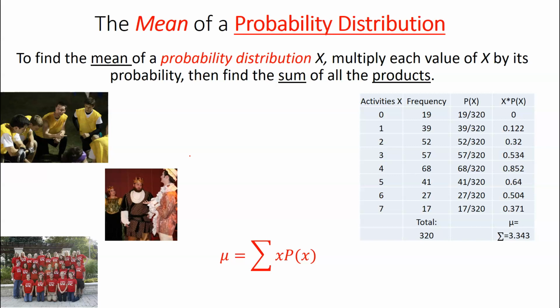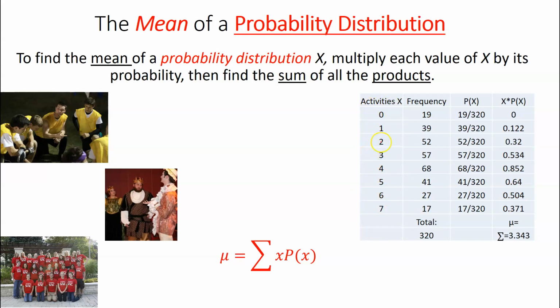Let me give you an example of finding the mean or the expected value of a probability distribution. To find the mean, again, we're going to take the random variable times its probability, and when we're done, we're going to add them all up. What we're looking at here is college activities. You can be in athletics, acting, some other sort of clubs, and you're looking at the number of activities that some college students are involved with.